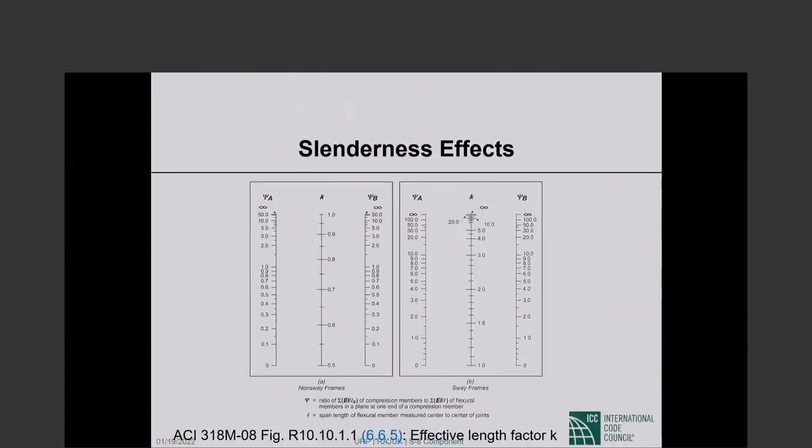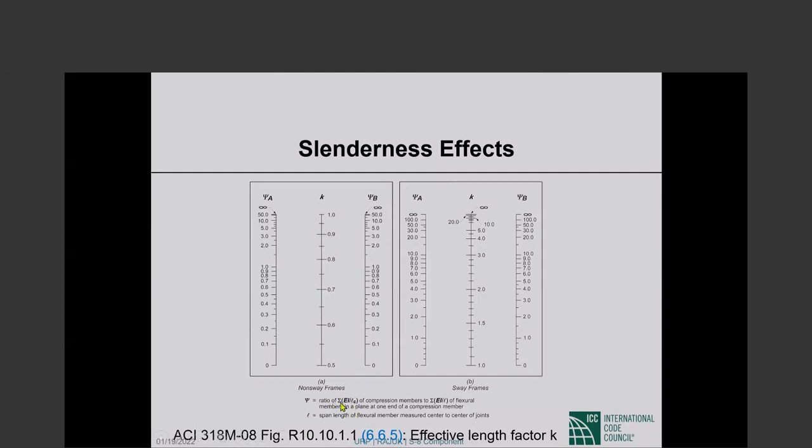Now in ACI 318, even today, we have this, I forgot the name now, Jackson and Moreland or something, these charts which enable you to calculate the K value depending upon the stiffness ratios at the two ends.